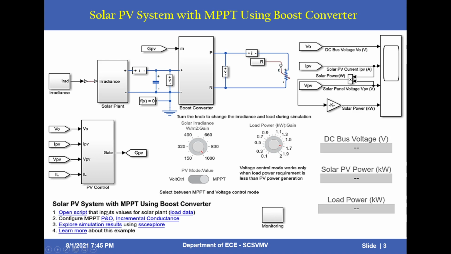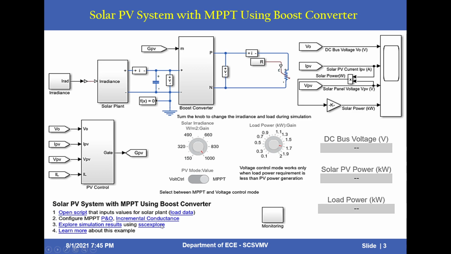By using this example, we can also load the input values for the solar plant in terms of a script file. And then you can configure the MPPT P&O algorithm and the incremental conductance algorithm. You can choose to simulate with the two techniques. And we can also explore the simulation results using the Simscape Results Explorer.